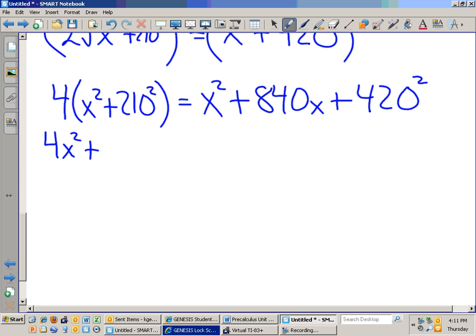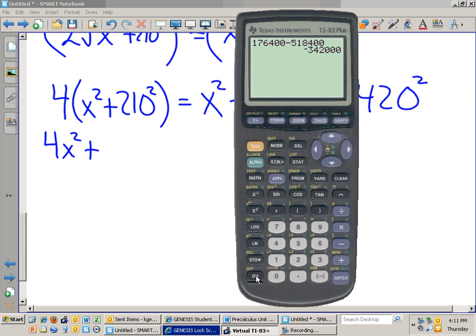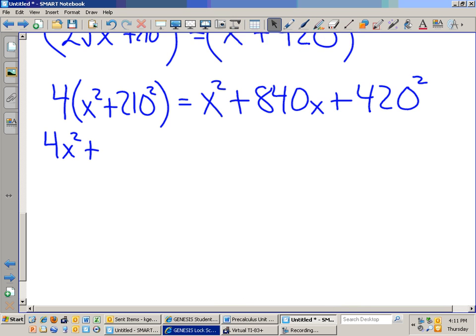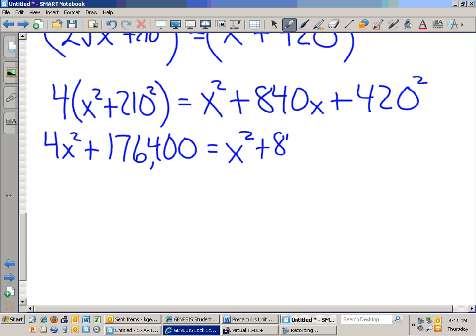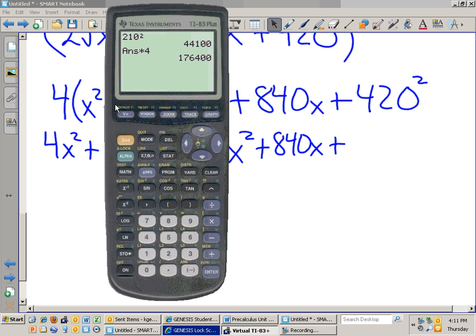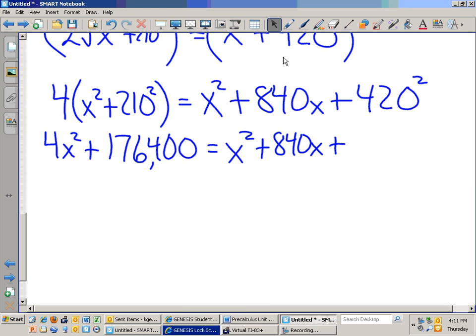4x squared plus, let's see what that number is, 210 squared times 4, 176,400, equals x squared plus 840x plus, now I'm going to take 420 and square it, 176,400.